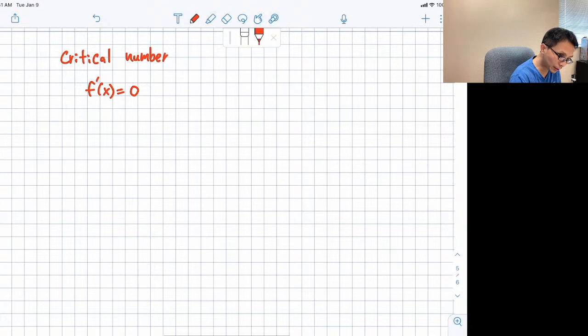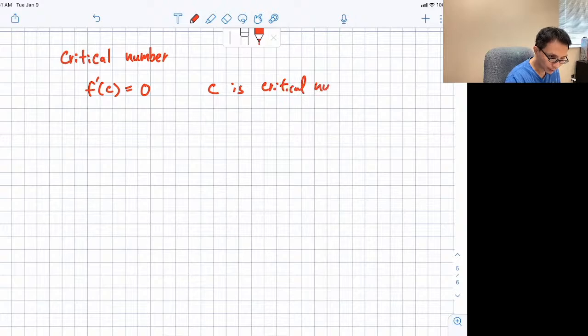Sorry, f prime of c. C is a number, not x. X is a variable, so it has to be f prime of c. C is the critical number. So today you had to find critical numbers.